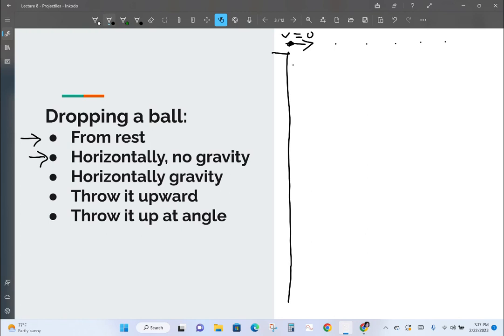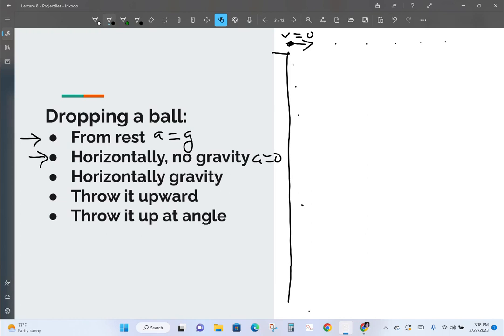So it would fall, and fall, and fall, getting further and further. So it would have some acceleration in the y direction. In the y direction, the acceleration is gravity. And when we just throw it with no gravity, the acceleration is 0.